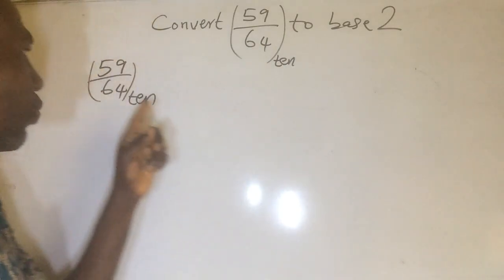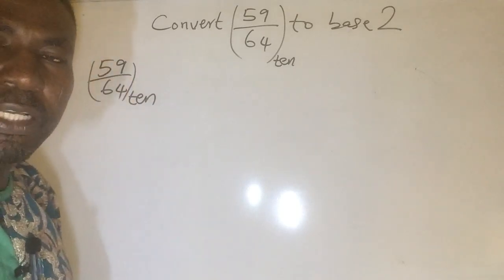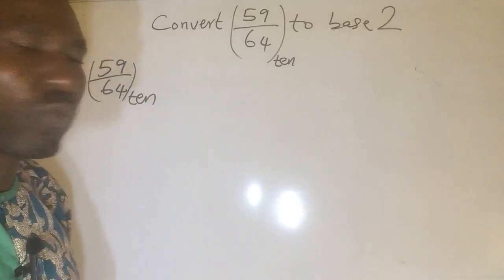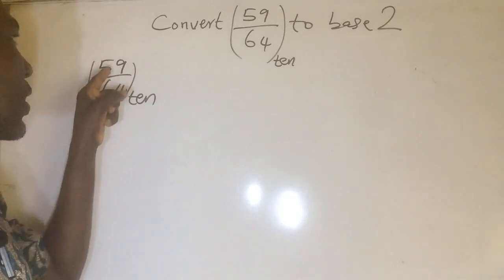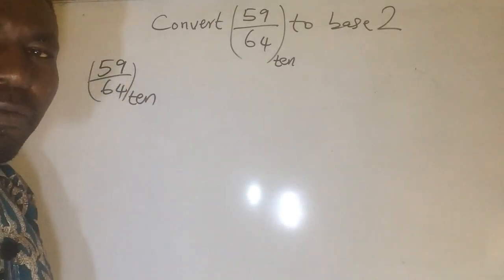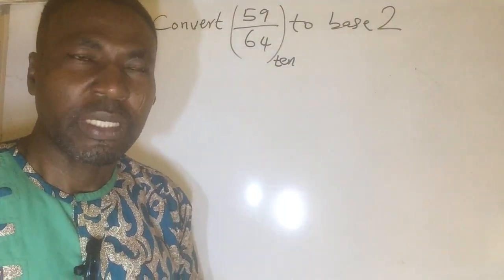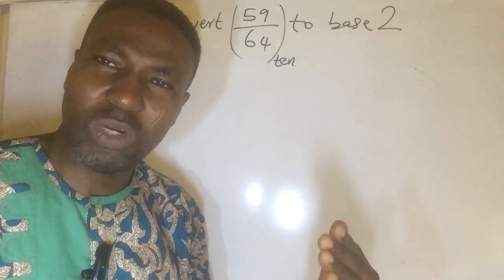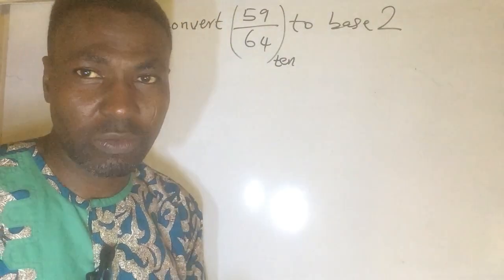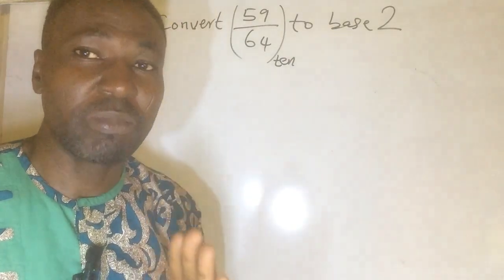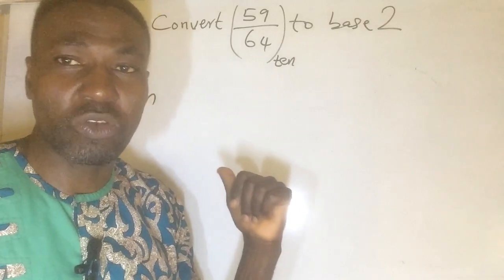Say, for instance, 2 can divide 64, but 2 cannot divide 59. So since 2 cannot divide both of them, and you check other numbers, whether there is any number that can divide both the up one and the down one, if there is not, it means that it is in its lowest term. So this number is in its lowest term now.